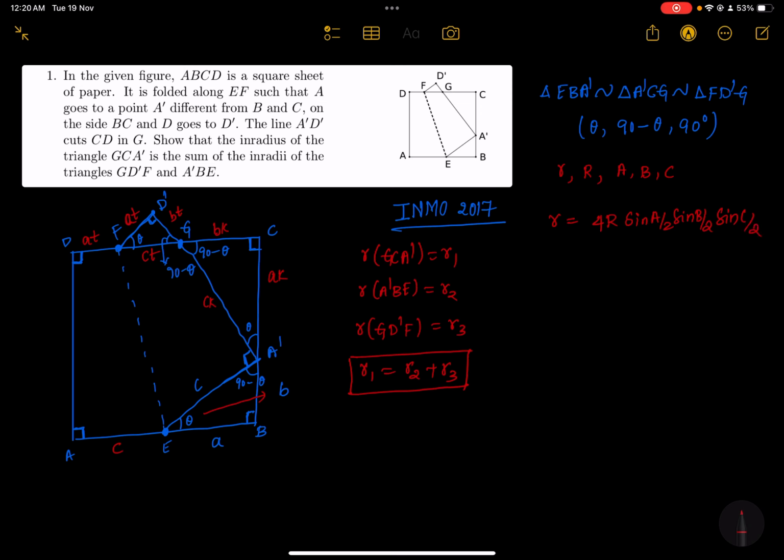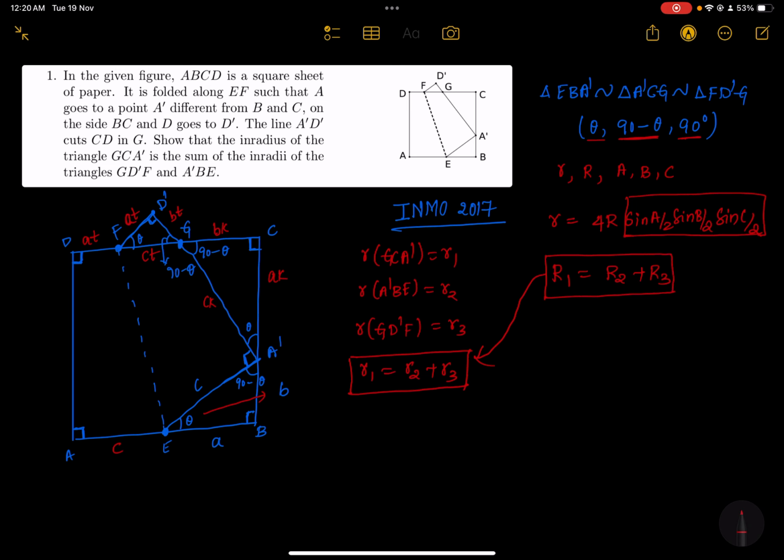Now if we consider these three triangles A dash BE, A dash CG, FD dash G, all three have the same angles, so this factor will be the same for all the triangles. So proving R1 is equal to R2 plus R3 is as good as proving small r1 is equal to small r2 plus small r3. So we will go ahead and prove this.